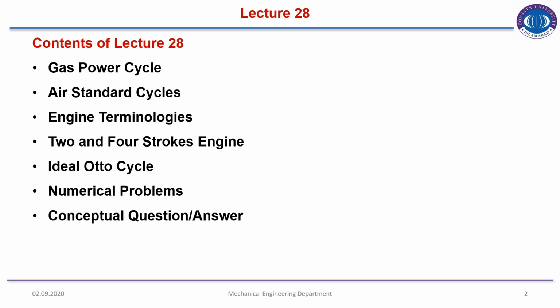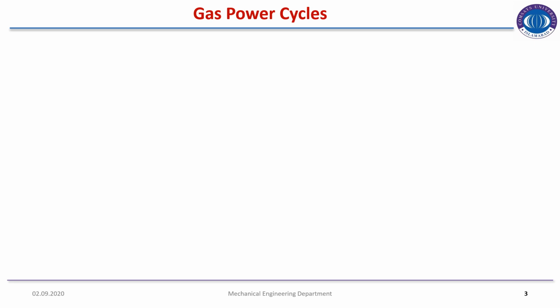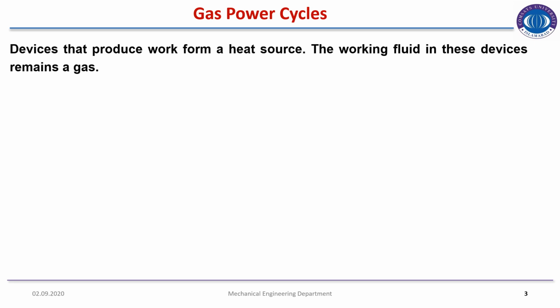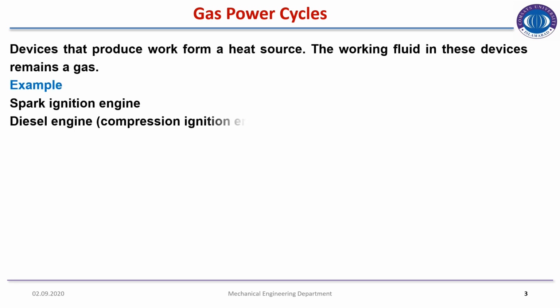So from the current lecture onward we will be discussing the gas power cycles. Gas power cycles are devices that produce work from a heat source. According to the basic definition, thermodynamics is the science that considers the conversion of thermal energy into mechanical energy.